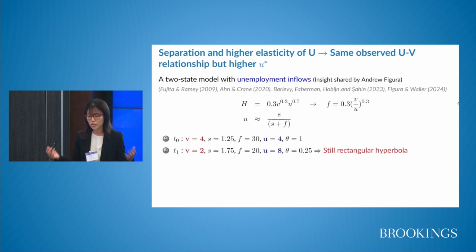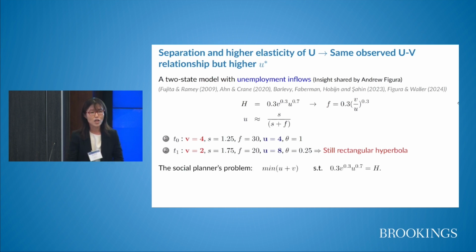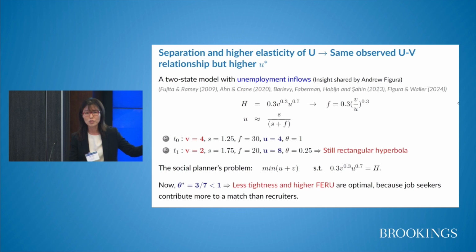So we still have this rectangular hyperbolic Beveridge curve relationship. But now our social planner has a different constraint, that is, the Cobb-Douglas matching function. In this economy, the optimal market tightness is 3/7, less than 1. Meaning that in this economy, lower tightness and a higher U-Star are optimal because job seekers contribute more to a match than recruiters.